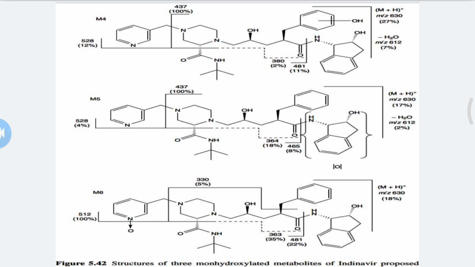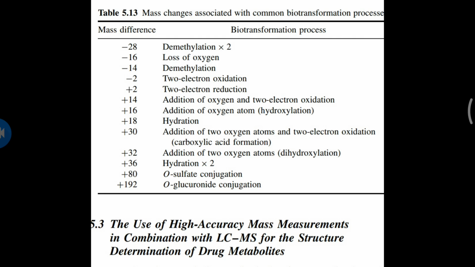So the fragments of M1, M2, M3, M4, M5 are imaginarily rearranged with the help of ion fragmentation to give the molecular structure of the compound, such as indinavir drugs. So this is an example of target compound analysis. Now we stop here.